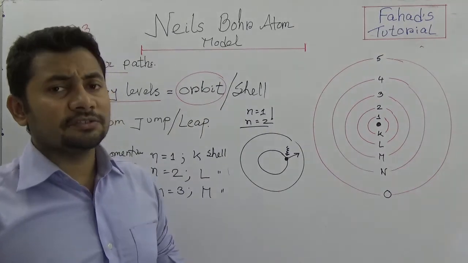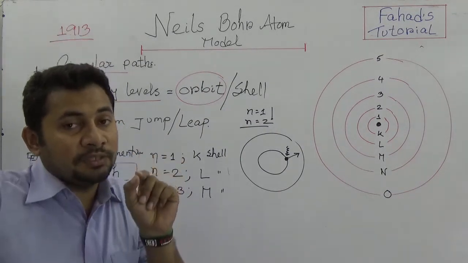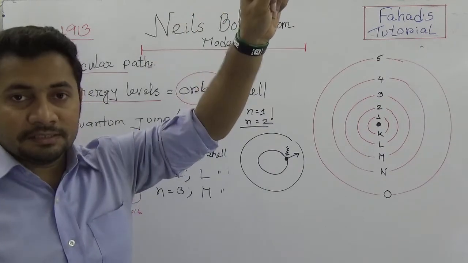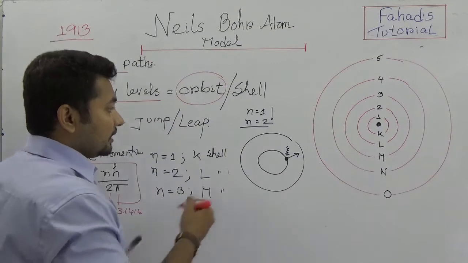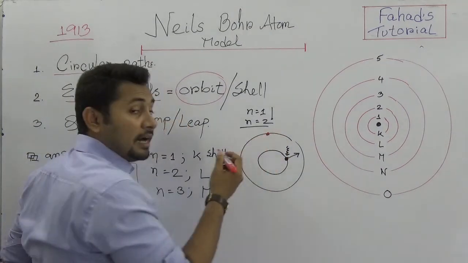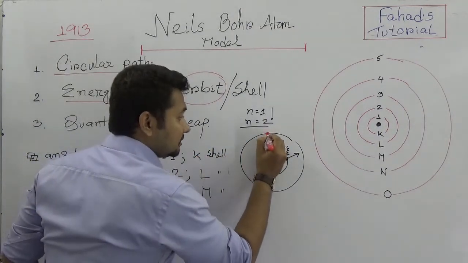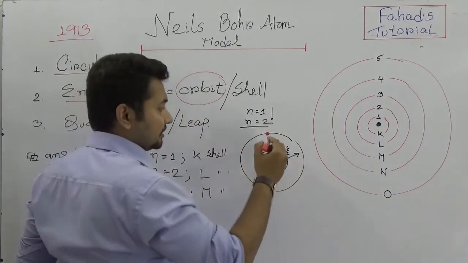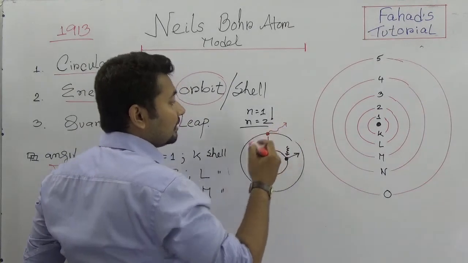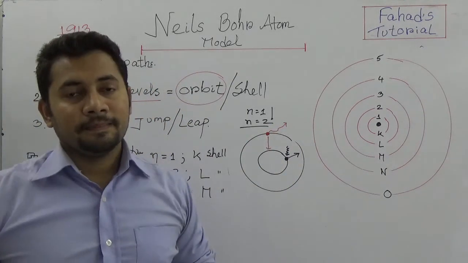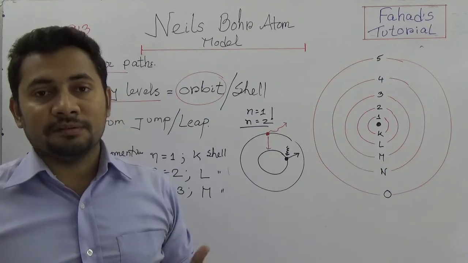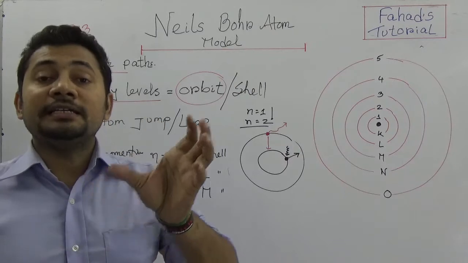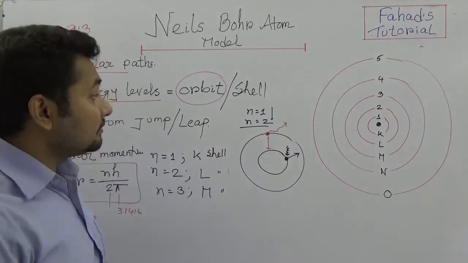When an electron absorbs some energy, it will jump to the higher energy level, higher orbit, and reversibly, when an electron comes from a higher orbit to a lower orbit, it emits energy. And this emitted energy we can see as a spectrum. Spectrum is a combination of light in different colors. So that is very important.